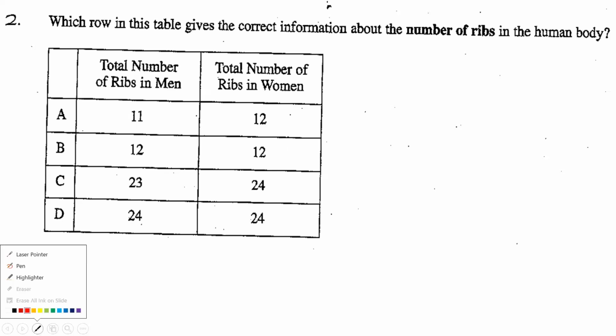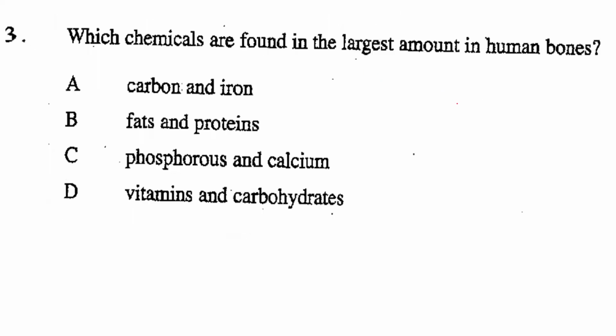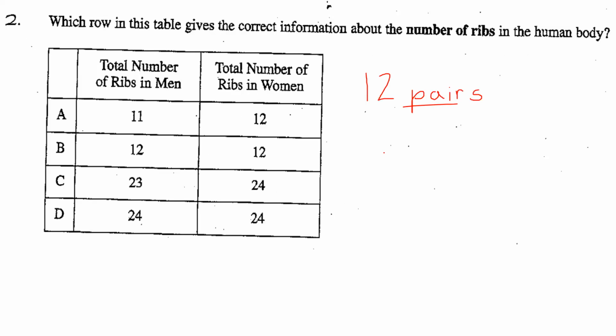So the idea is that men and women have the same amount. Both men and women have 12 pairs of ribs. Sorry, my bad. Both men and women have 12 pairs of ribs.